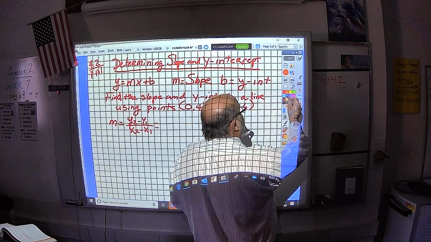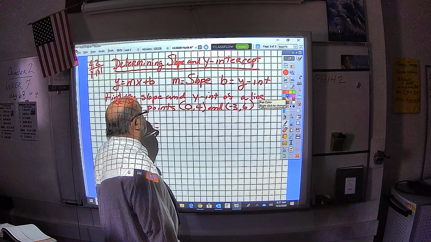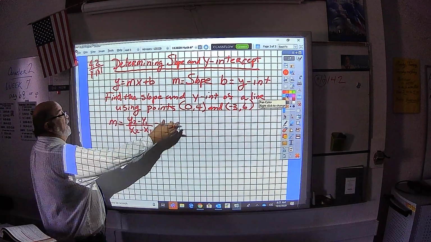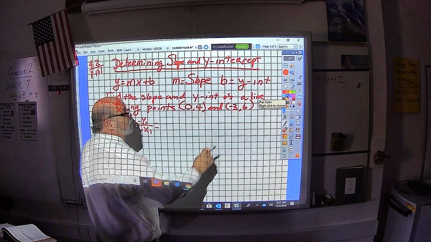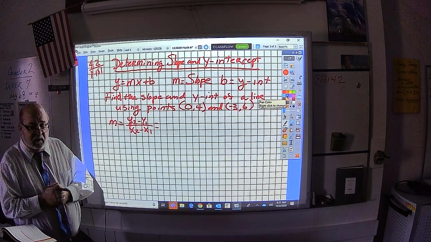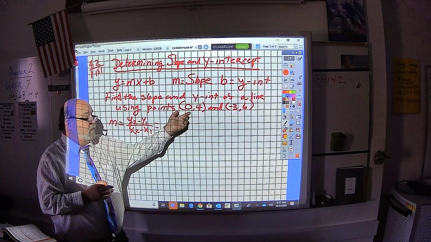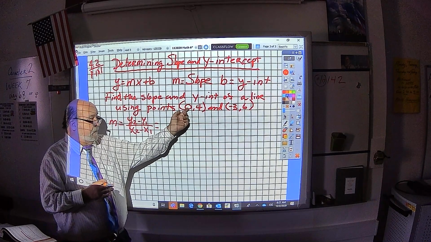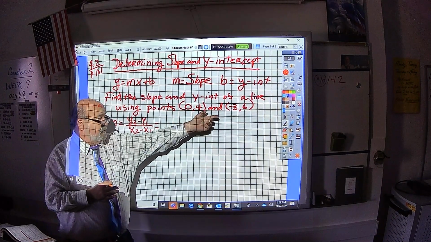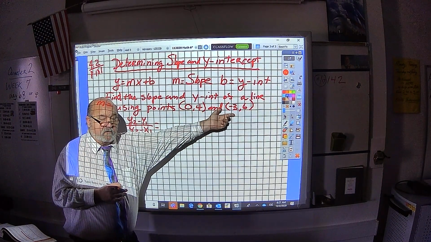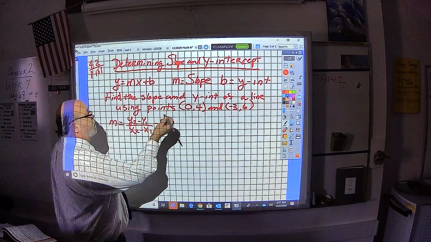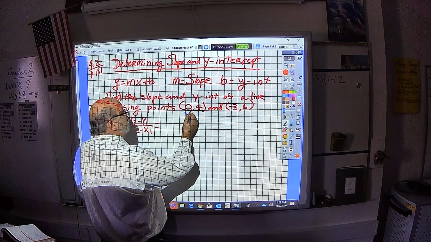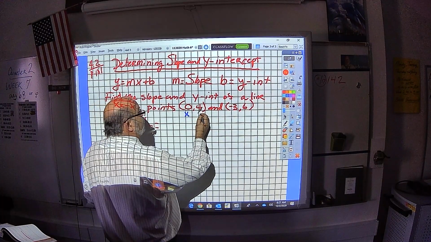And I'm going to change colors because I want to make this as visible to you as possible. This is y2, and this is x2. We're going to use this as x1, y1. Here's an x, here's a y.